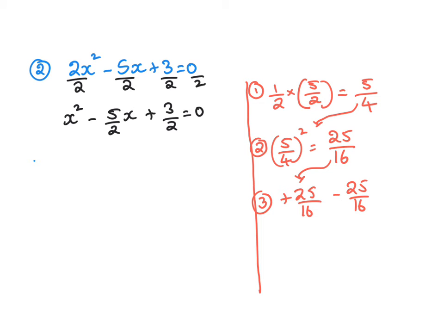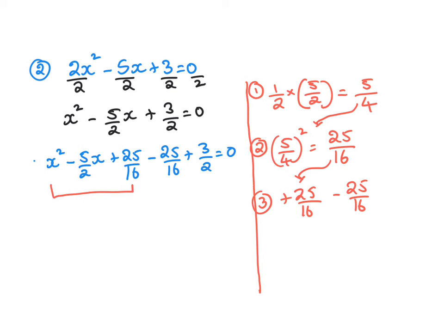So now we have x squared minus 5 over 2 x plus 25 over 16 minus 25 over 16 plus 3 over 2 equal to 0.